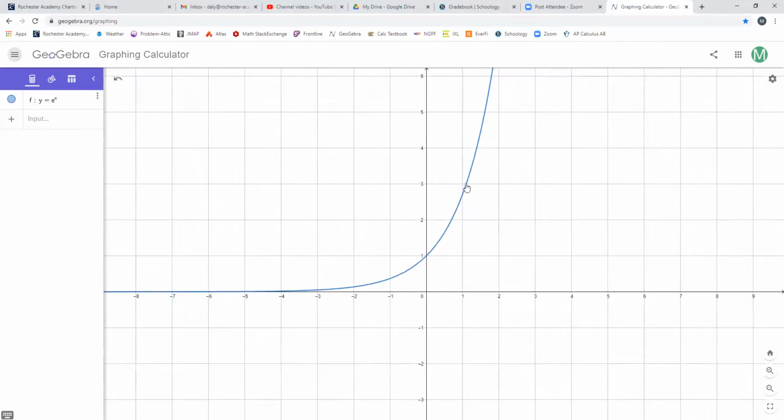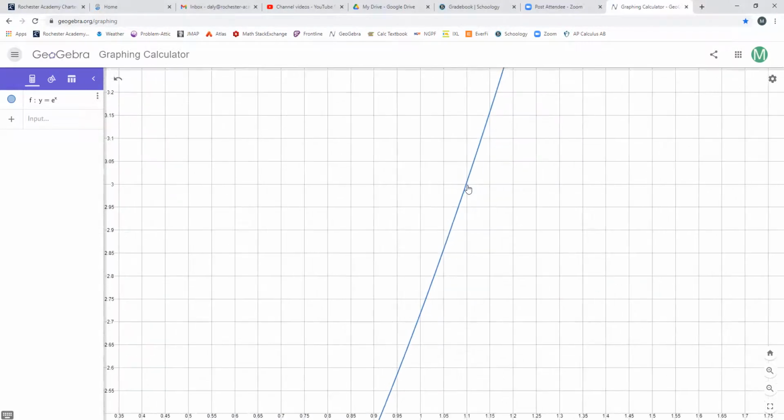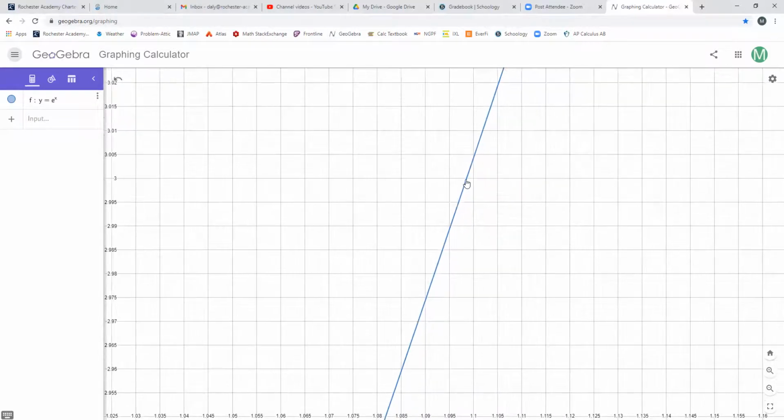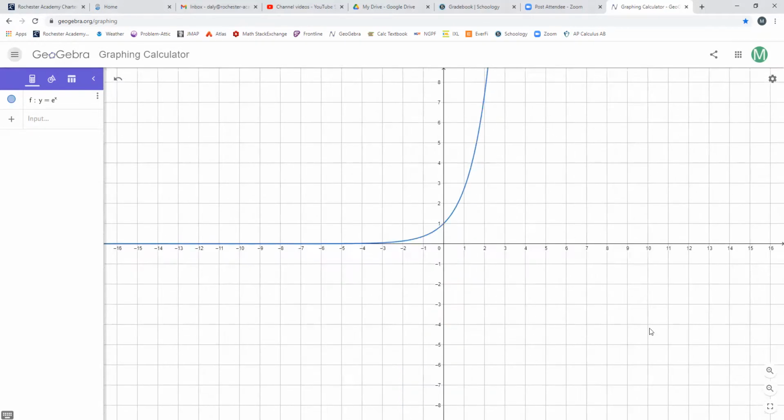Why don't I zoom in on the point where the y value is equal to 3? Let's see if the slope along here is equal to 3. Well, here's a grid point, and so I go up 1, 2, 3, and over 1. So the slope here, where the y value is equal to 3, is equal to 3.